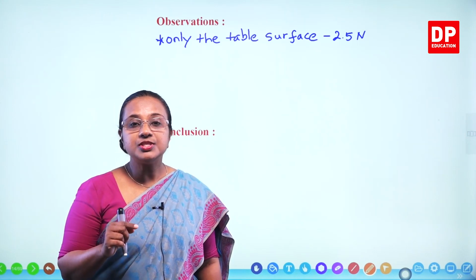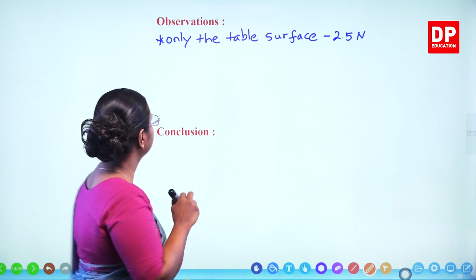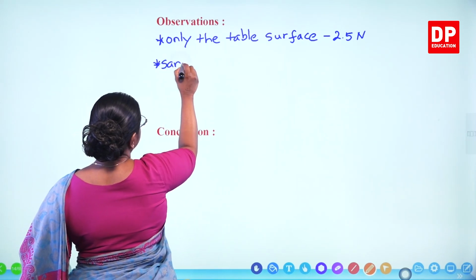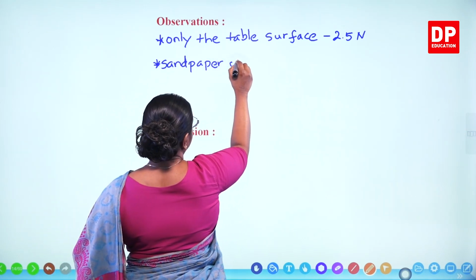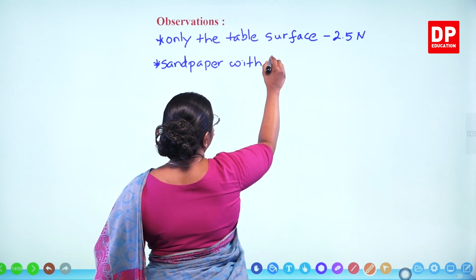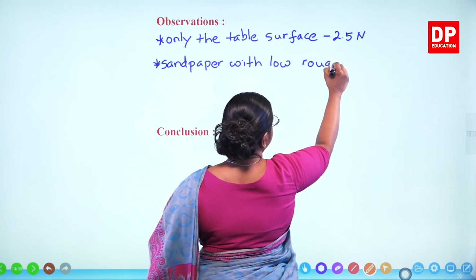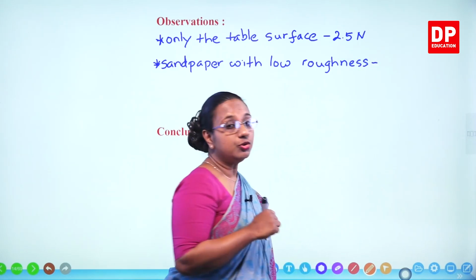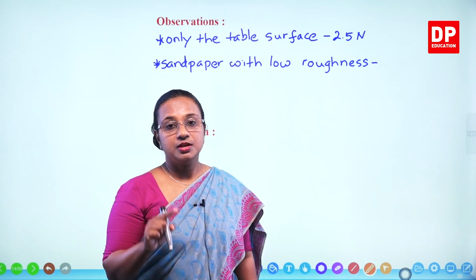And when we use the sandpaper with the least roughness, so for the sandpaper with low roughness or less roughness, you can say, we needed to apply 2.8 newtons.